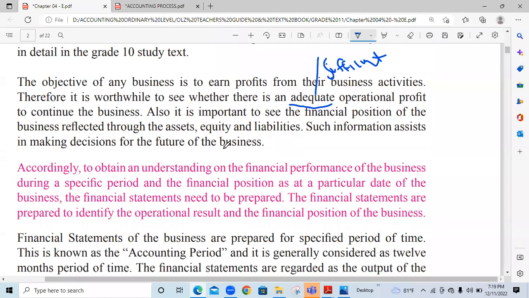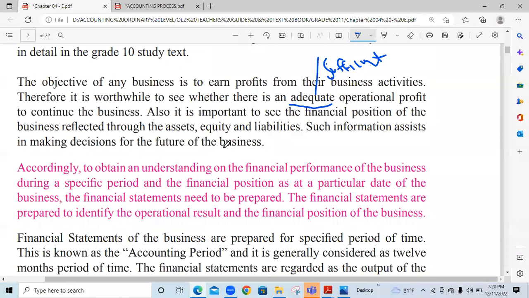Because of that, guys, they also want to know what is the ownership of the owners, how much of the assets they own. Out of the assets, certain parts are not owned by the owners, but only certain parts are owned by the owners. That's what we call equity. Equity is the part of assets which is related to the owners.